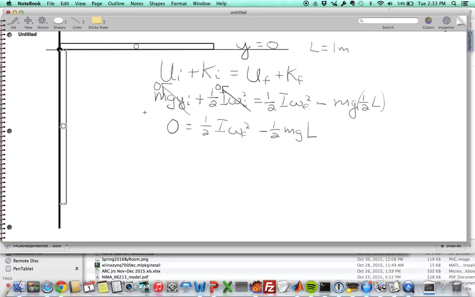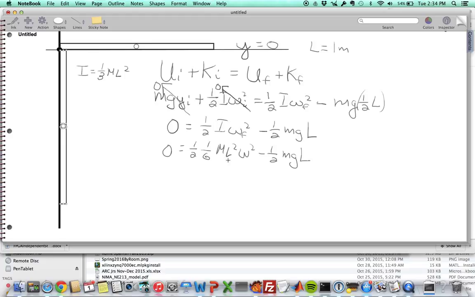Now my I, for a rod about the end, so it's rotating about the end instead of rotating about the center, is going to be equal to 1/3 ml squared, where l is the length. And so I'm going to plug that in, and I'm going to have 1/2 times 1/3 ml squared omega squared minus 1/2 mgl.